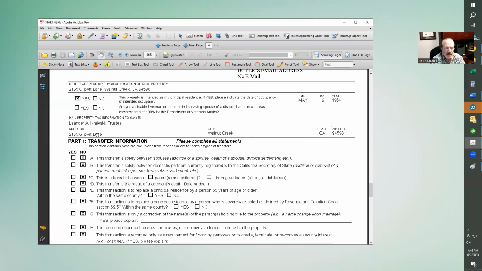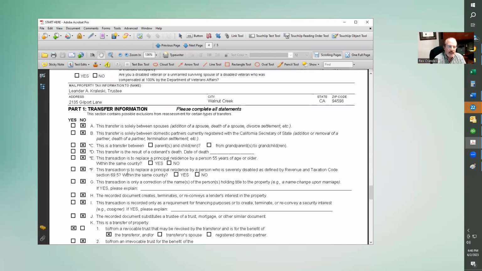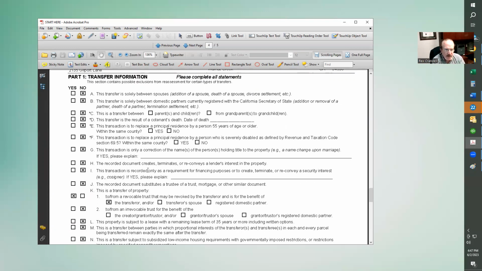Mail the property tax statements again. Where do you want them sent to? And then this is a series of questions that might have real property tax impact. And whether it's between spouses, domestic partners, there's all these different reasons.